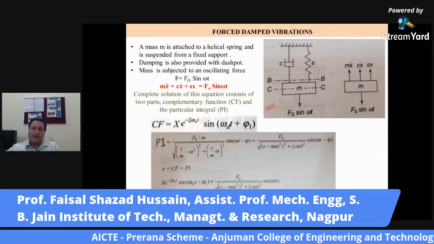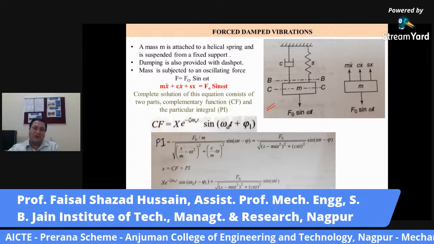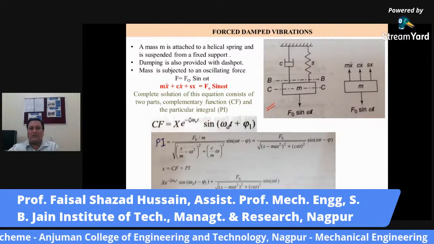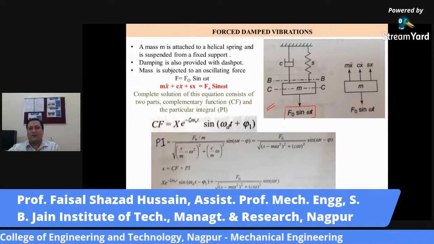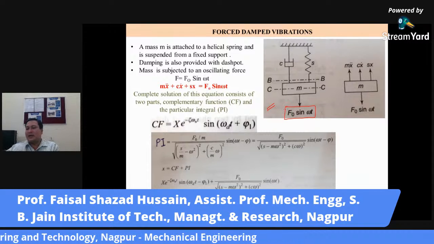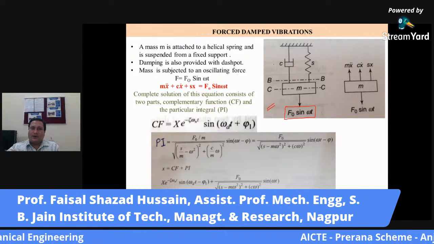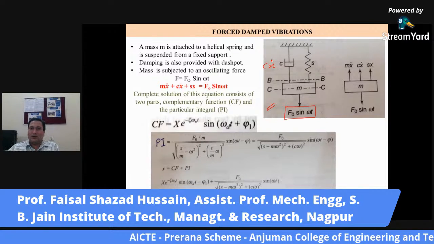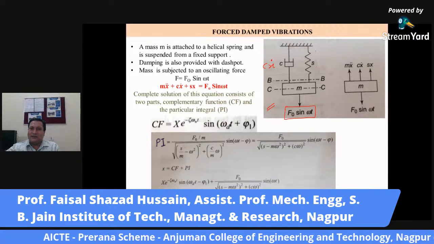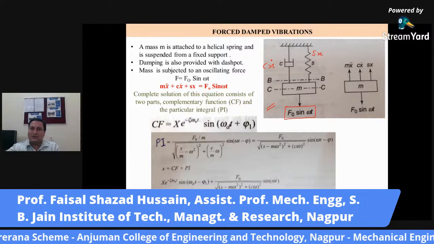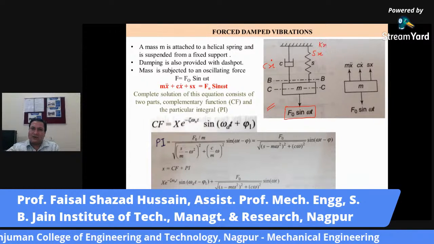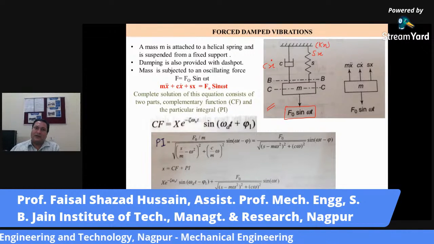Now, as we are discussing with the free body diagram, this is your oscillating force Fo. So it is under simple harmonic condition. Then this is your damper, so the damping force will be Cx dot, and this is your stiffness, so spring force or stiffness force Kx or Sx will be this.